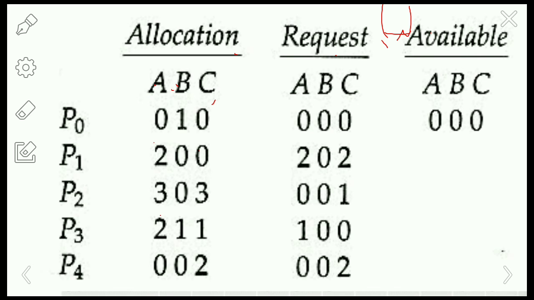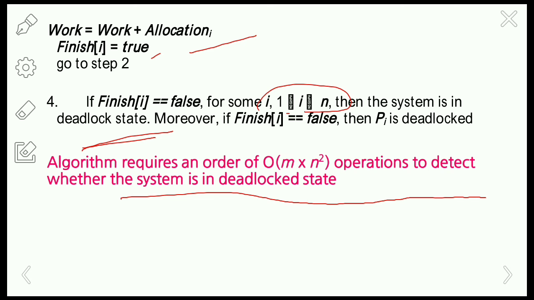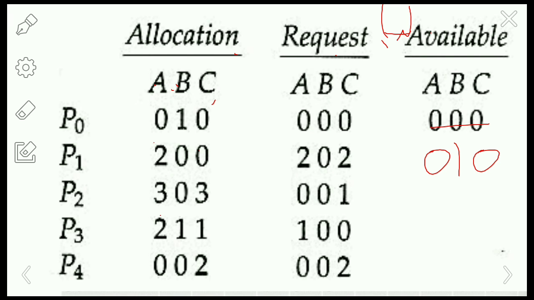This is the new value of work, which is the available resource. Finish of i equals true, so finish of P0 becomes true. That means P0 is executed successfully here.